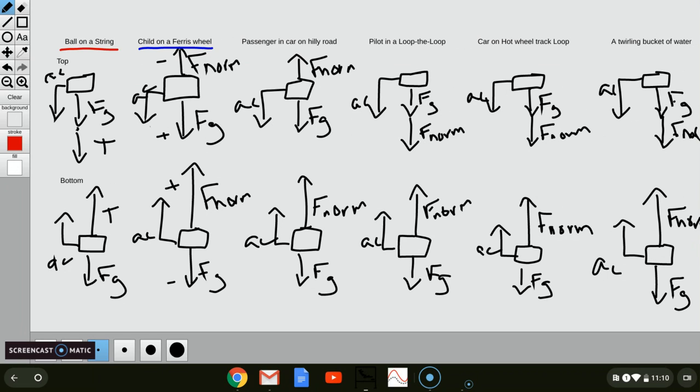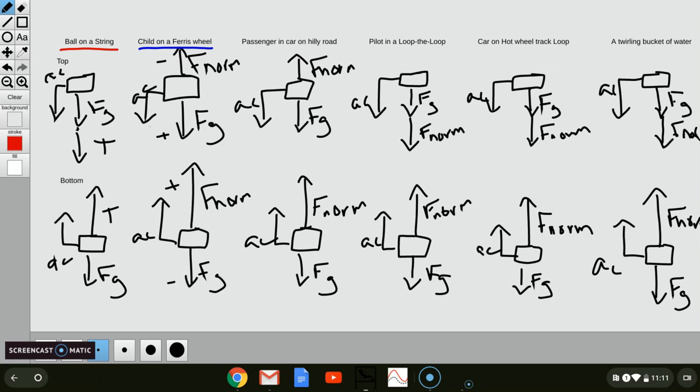A Ferris wheel only has one force down at the top of the circle, and that one force is gravity. So, difference. Ball on a string, two forces down. You'll notice no forces away from the center. And Ferris wheel, there's one force down and one force away from the center.